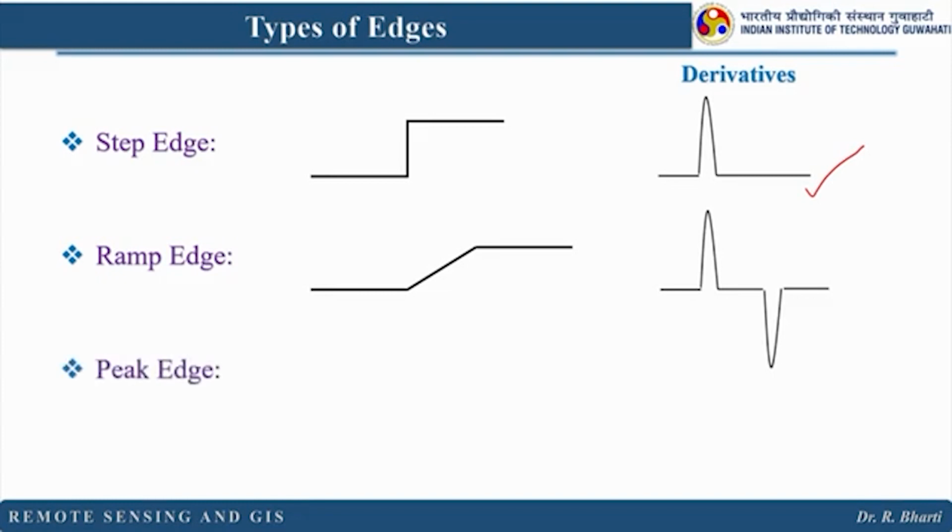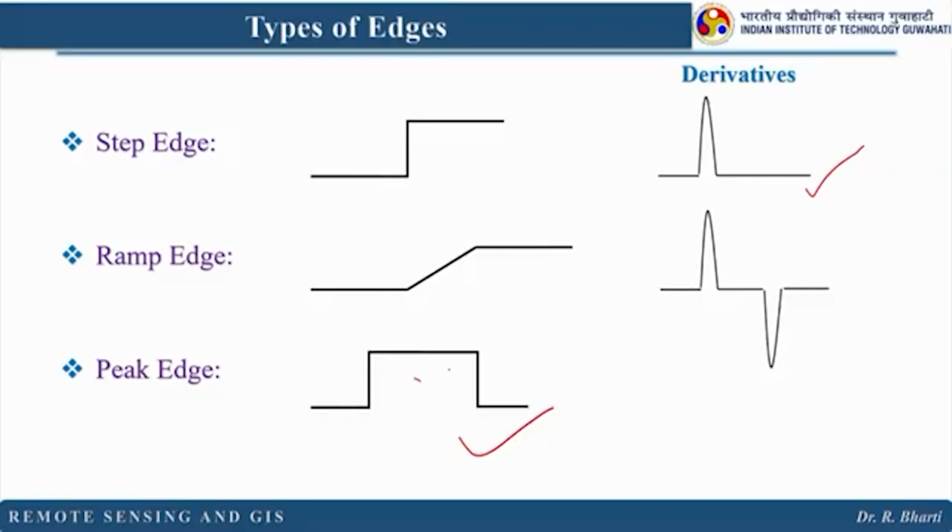Now the third one is peak edge. Here this is the behavior of a peak edge, or how we classify edges into peak edge if their behavior is like this. And if you calculate the first derivative, this will be the result, right.